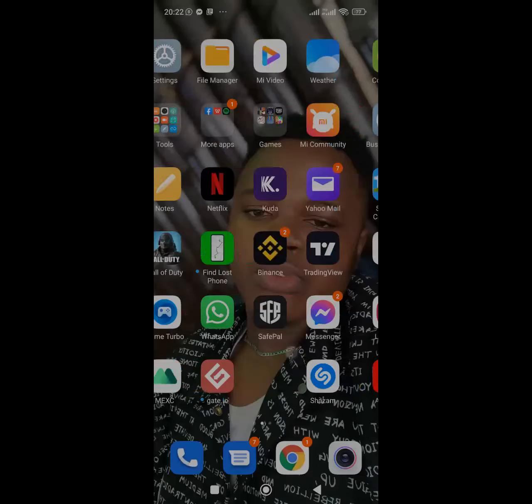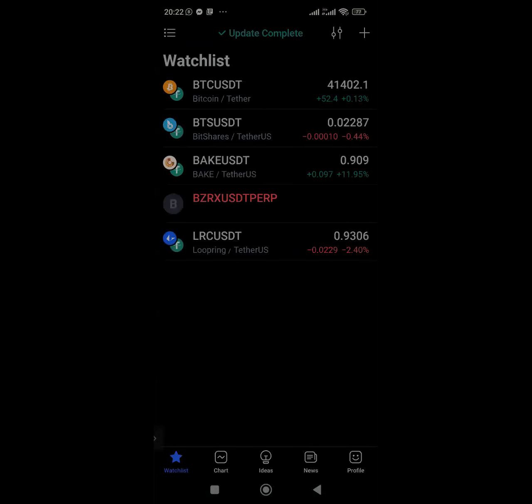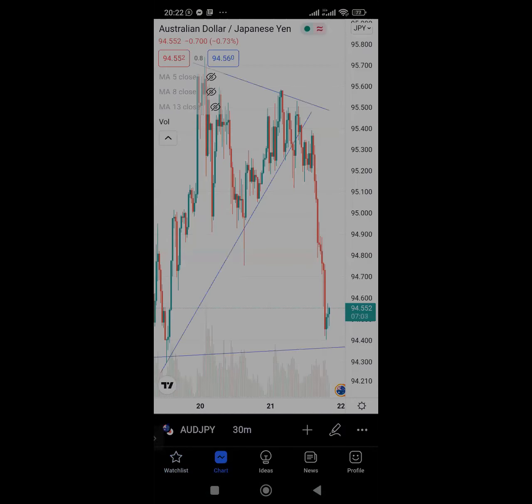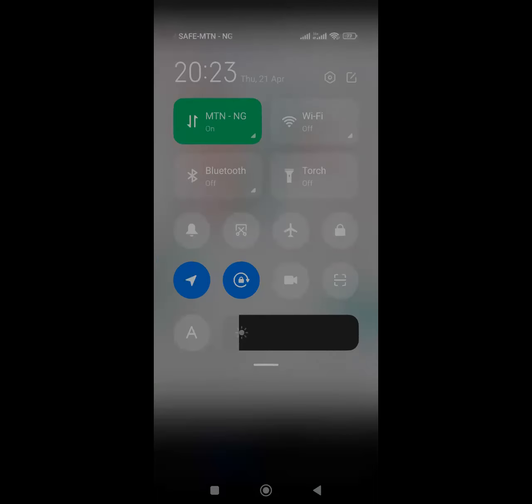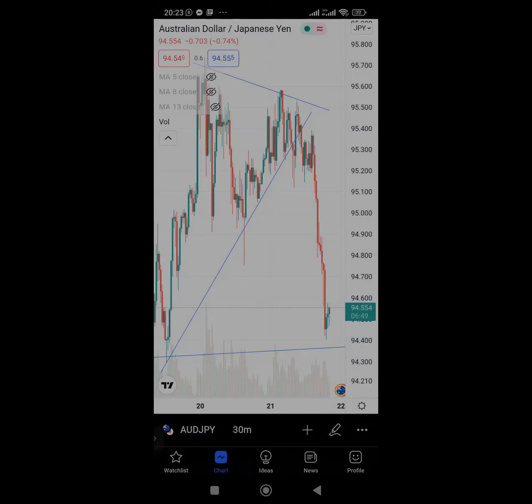All right, let's look at a real life chart example of a double top. Sorry about what you are seeing on the chart.